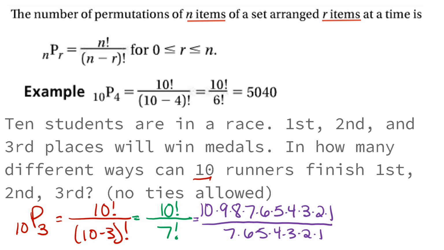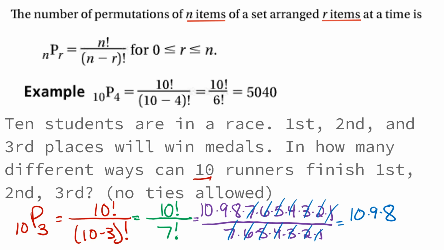So this is a fraction, and we can simplify it. Whatever they have in common can cancel out in the numerator and the denominator. So the 7, the 6, the 5, the 4s, the 3s, the 2s, and the 1s. All we actually have to multiply is 10 times 9 times 8.